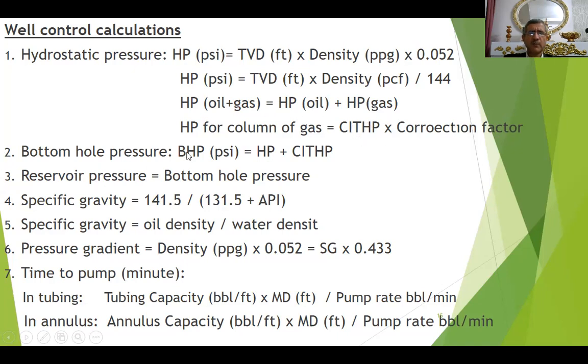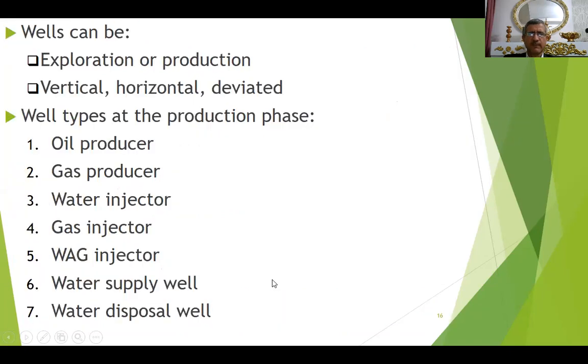Bottom hole pressure is hydrostatic pressure plus closed-in tubing head pressure. Reservoir pressure equals bottom hole pressure. We have specific gravity if the API is given to us. We also have specific gravity, oil density divided by water density, and pressure gradient. Also, this is the formula for time to pump.